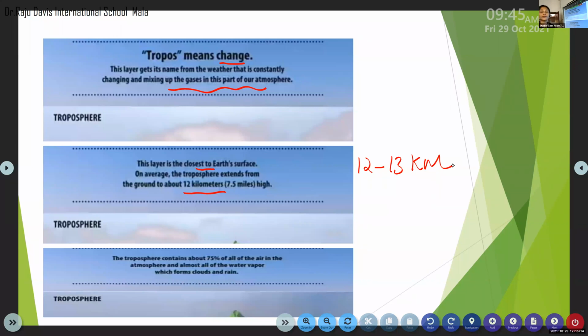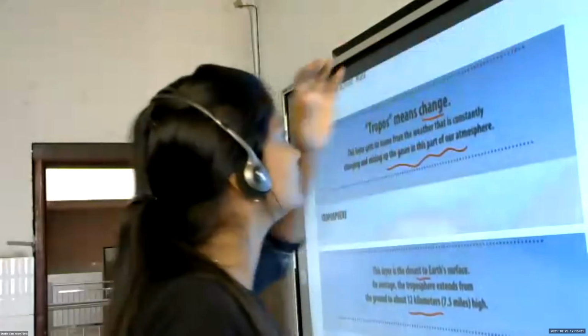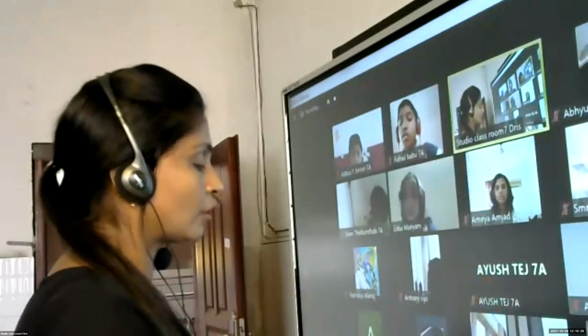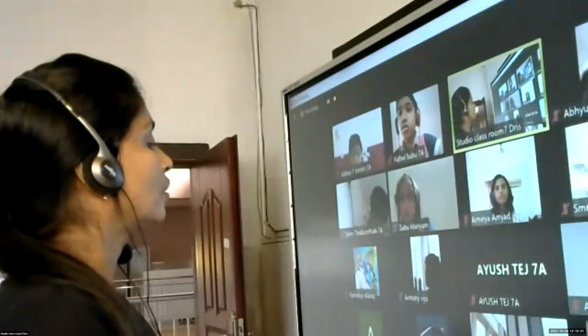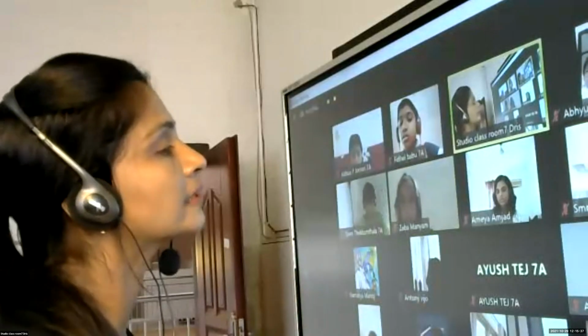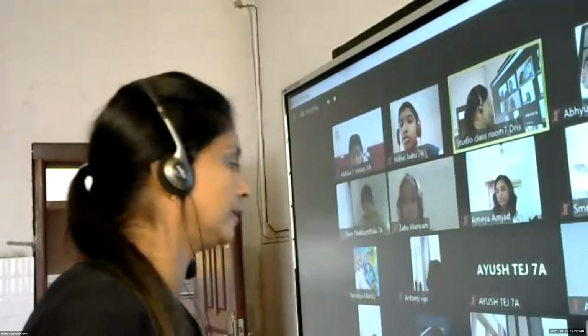The air we breathe exists on this layer, and almost all the water vapor in the atmosphere is in this layer. Also almost all the other gases are present on this layer, which makes it the most important layer.